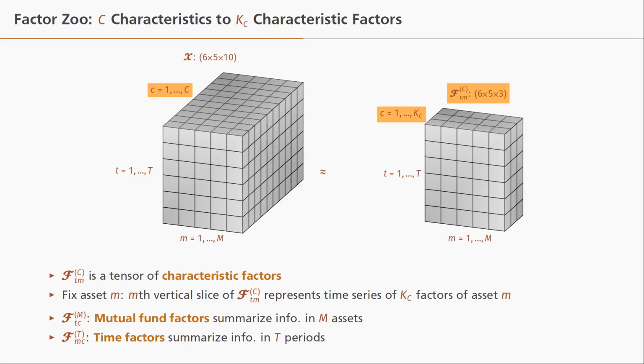So if I wanted to back out the factors for a given fund, what would I do? Well, this is the T by 3 matrix for the first fund. So this would be the corresponding time series of my 3 factors for the first fund. If I slice it vertically, this would be for each fund. This would give me the time series observations of the KC factors.